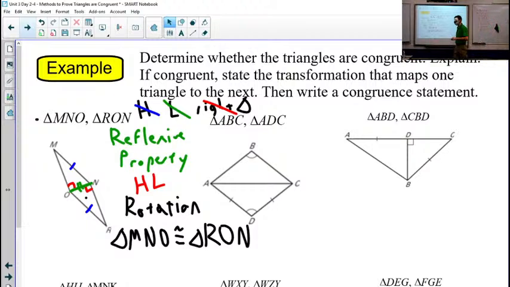Next, I'm going to start getting responses from you here. I won't ask you to do the whole problem, but I'm going to ask you to do some steps. So first off, this once again has the reflexive property. So I want you to tell me where the reflexive property is.